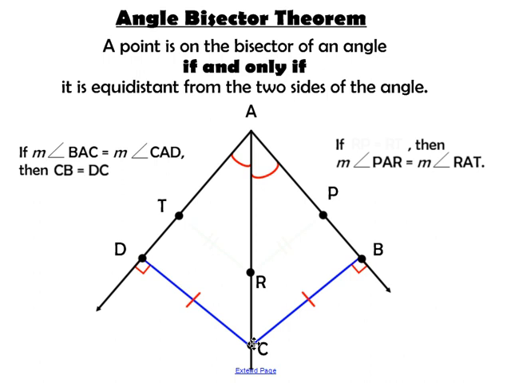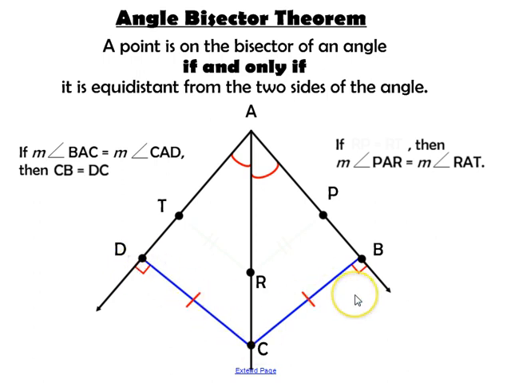So remember, this brings in our definition of the distance from a point to a line. From point C, if we bring the perpendicular segment out to AB and measure that length, and find the perpendicular segment from point C out to line AD and find that length, we'll find that those two lengths are going to be congruent.